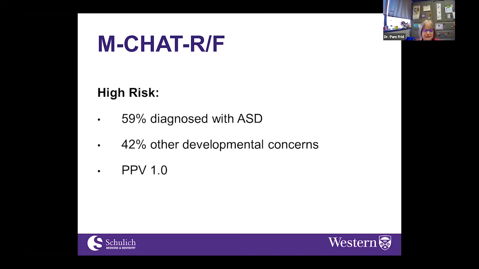The really nice thing about the MChat is there's a positive predictive value of 1, meaning that if the child falls in the high-risk category on the MChat, there's definitely something going on. It may not be autism spectrum disorder, but it is likely some other kind of developmental concern that requires follow-up anyway. So for a lot of reasons, it's a very useful tool.